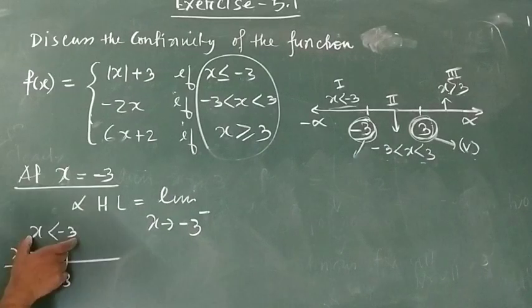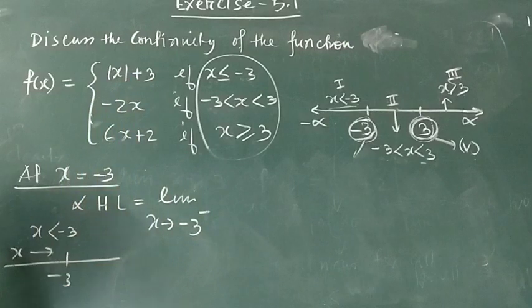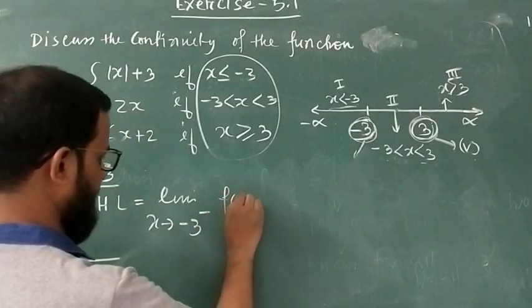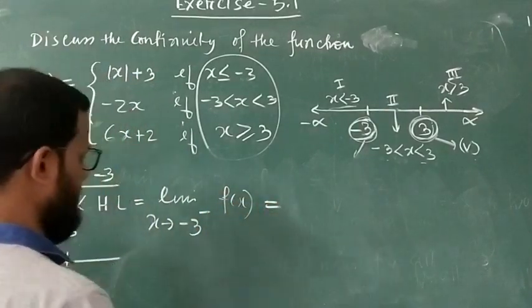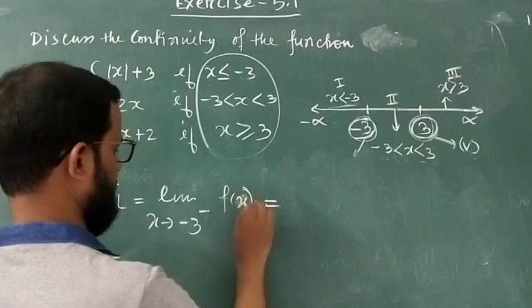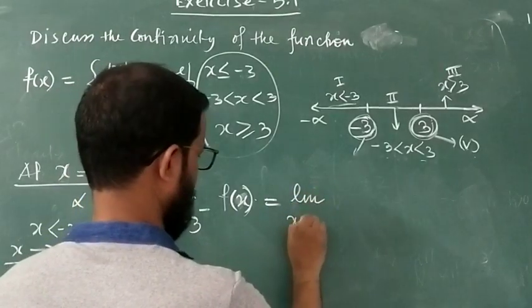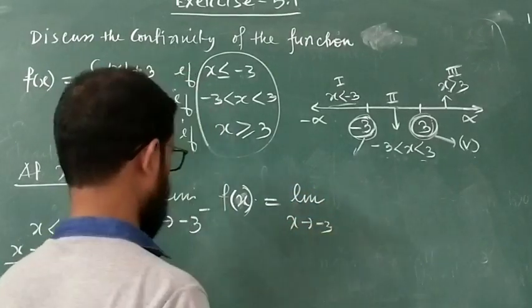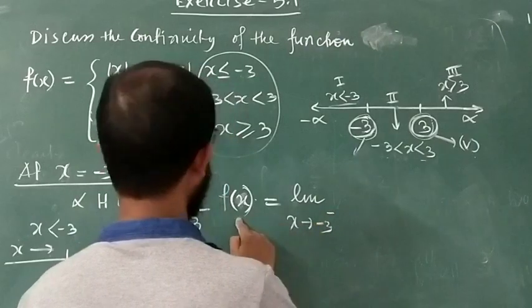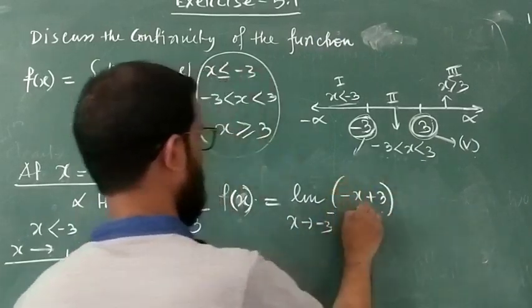And when x is less than minus 3, we already showed that f(x) equals minus x plus 3. So this f(x) can be written as the limit as x tends to minus 3 minus of minus x plus 3. Why minus x?